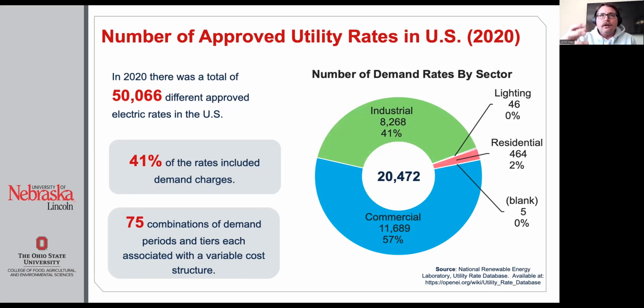Those meters can measure the time of day that electricity was used, so they can charge you different rates during the different times of day, and then they can also measure power factor, which is what we're going to talk about next week. I'm going to turn it over to Eric, and he's going to talk about in greater detail what demand rates are and how farmers can begin to reduce their costs.